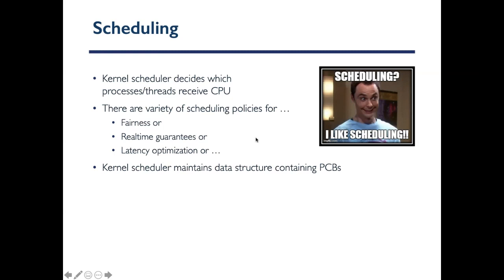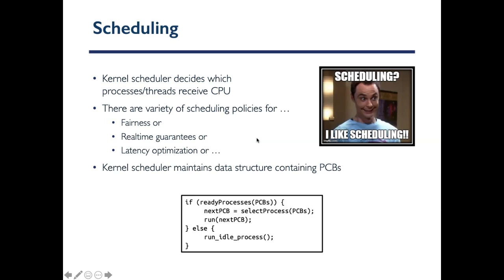And then usually what happens is that the kernel will maintain a data structure of all the PCBs that are in the system. It looks at the ready queue of these PCBs and chooses one. So basically, next PCB equals select process. This is where the scheduling happens. You make a decision based on your criteria, and then you run it until you get interrupted or whatever, and you do this again and again.